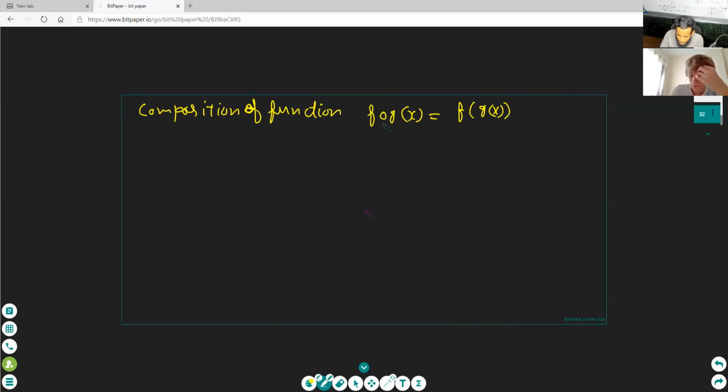And if it will be g of f of x, composition means that we will use f, as f is a function of x. f depends on the value of x, but in composition we replace the domain by the function g of x, the output value of the g function, g of x. Clear? So can you write g of f of x in this form? Okay, write it.